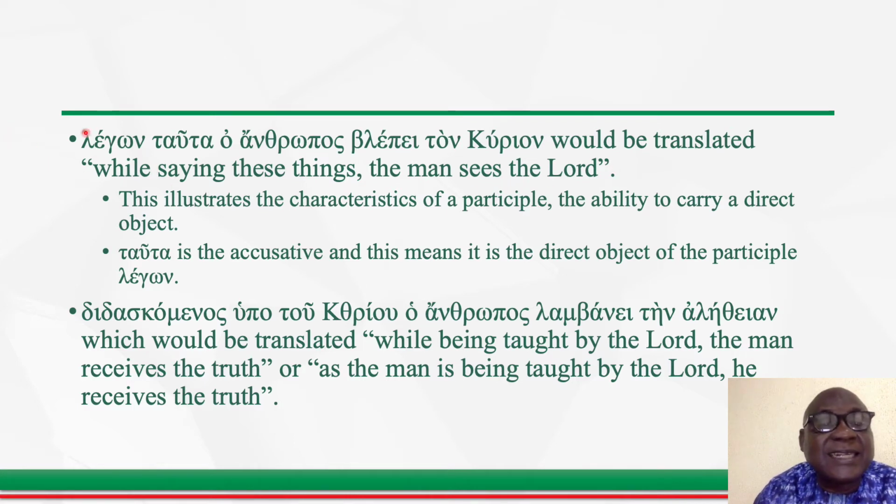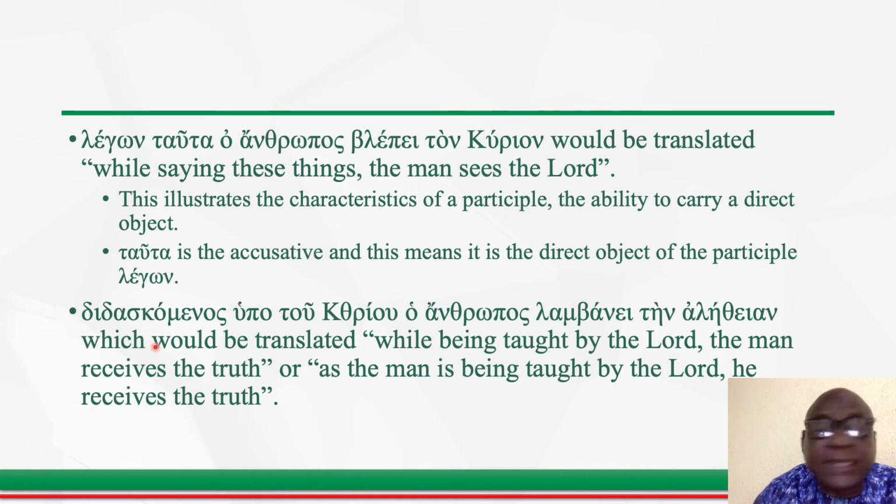It means the saying and the seeing are occurring at the same time. Apart from this, it shows us the capability of a participle to carry a direct object, because tauta is in the accusative case. So this is the direct object of the participle legon.